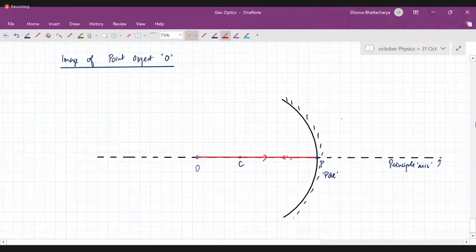Now, if you consider another ray of light, which is incident at any other point, like this, let's say, consider a ray of light which is incident at the point E, this over here. What will happen to this after reflection? So for that, we have to understand where the normal lies. So at its point of incidence, this is going to be the normal.